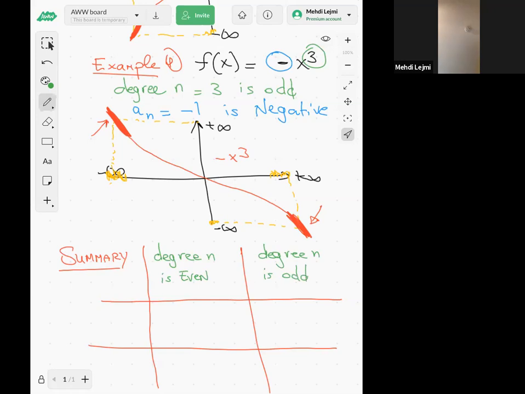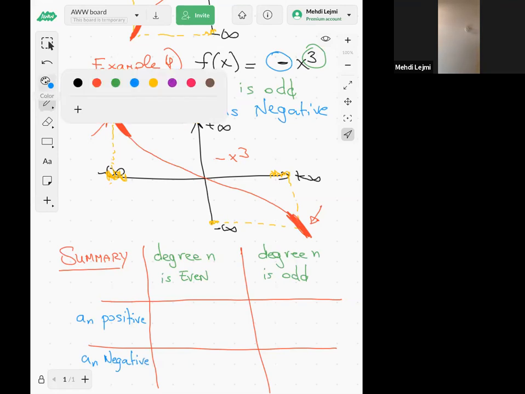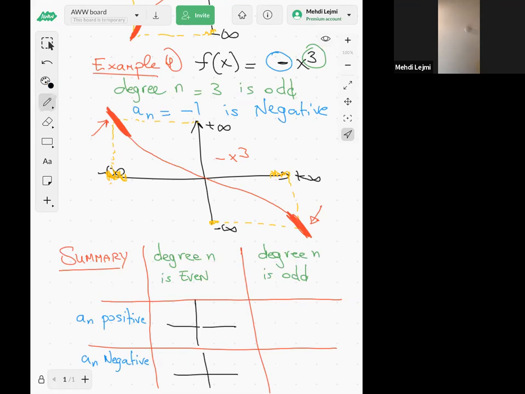Here my leading coefficient a subscript n is positive, and here my leading coefficient a subscript n is negative. All right. So what I'm saying is, if you want to graph your function f of x, where f of x is a polynomial.